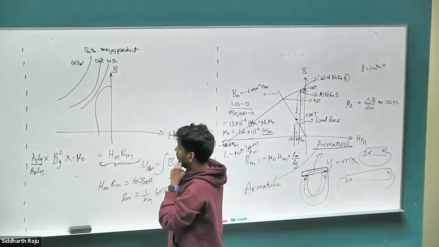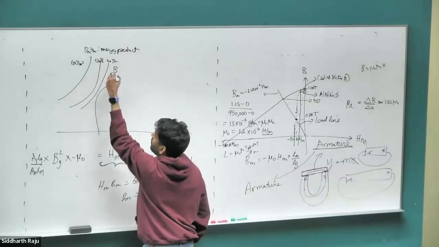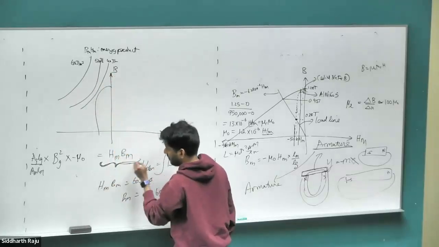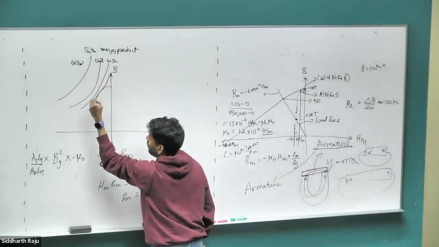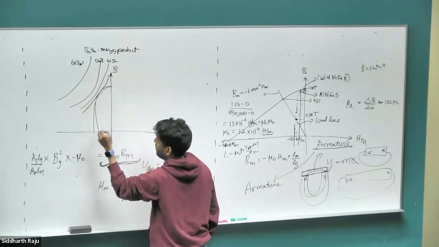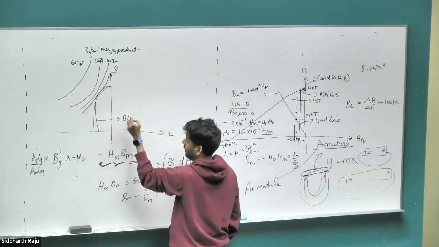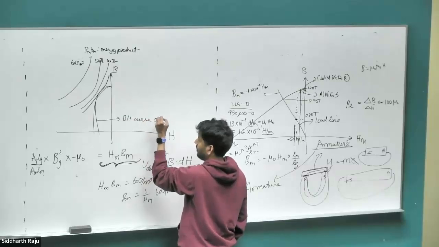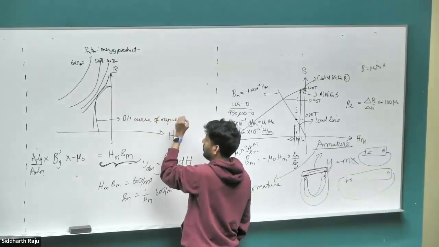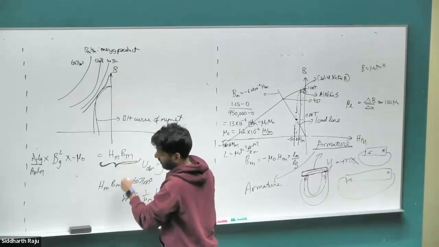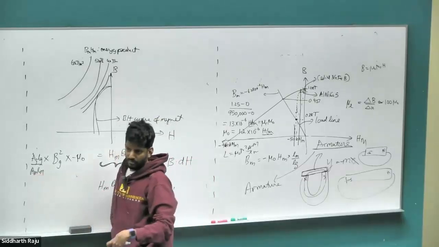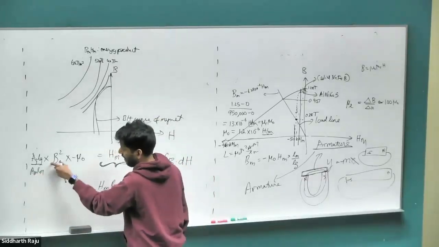So the thing that you want to maximize is this HMBM. And if you figure out where it intersects the BH curve of the magnet, right? So if you maximize this, you end up minimizing this term, so that you can end up maximizing this term.